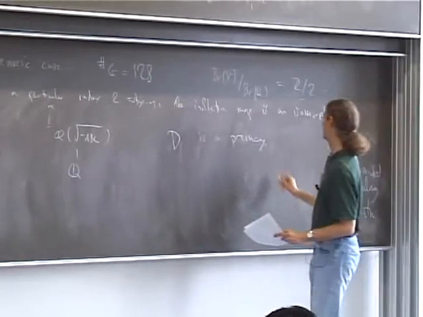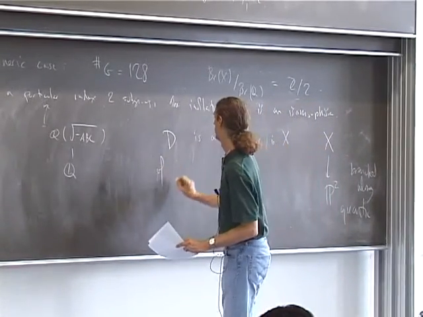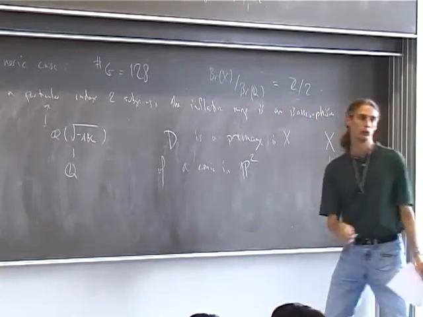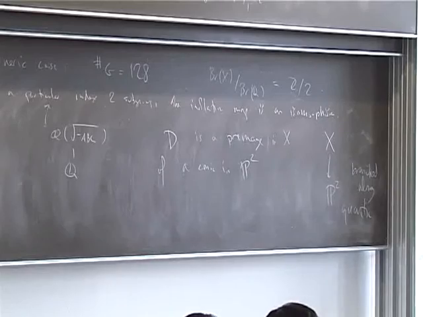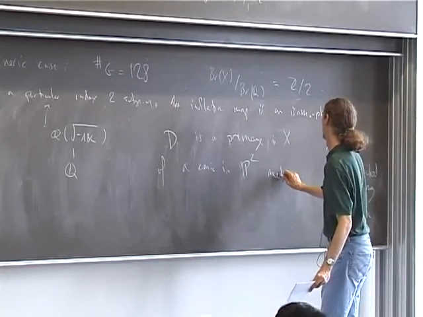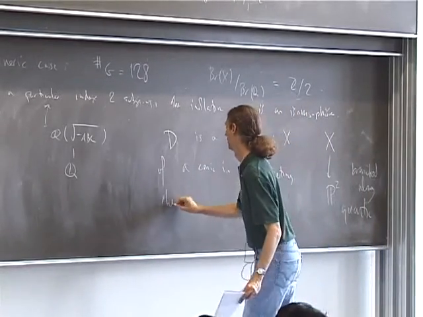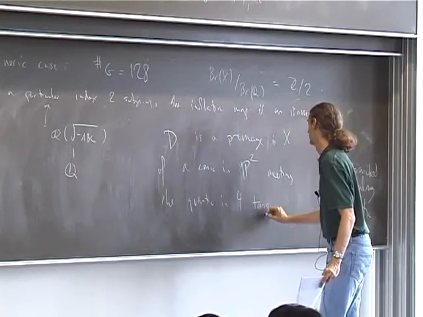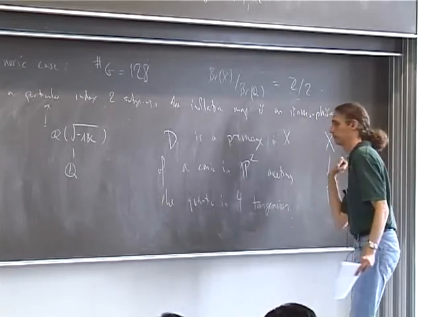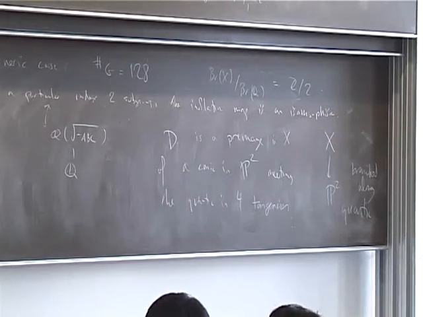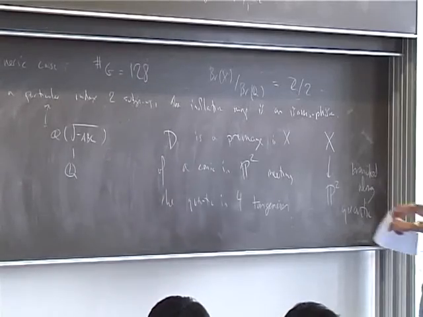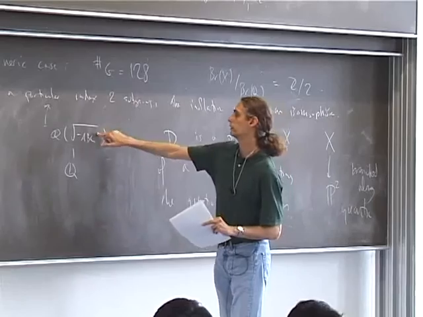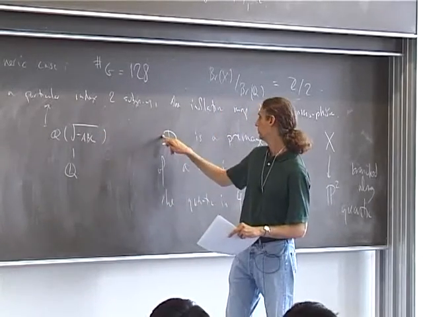And D is a preimage in X of a conic in P2 meeting the quartic in 4 tangencies. And it turns out that you can always find such a conic defined over this extension field, and that gives you your D.